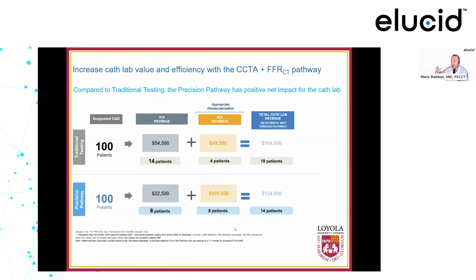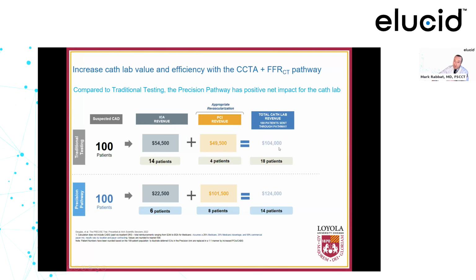And then when you look at how it affects the cath lab value and efficiency with this pathway, you can see that the precision pathway is associated with a positive net impact for the cath lab. So for traditional testing, there is a higher ICA revenue, but you could see that the PCI revenue is significantly lower in traditional testing compared to the precision pathway.